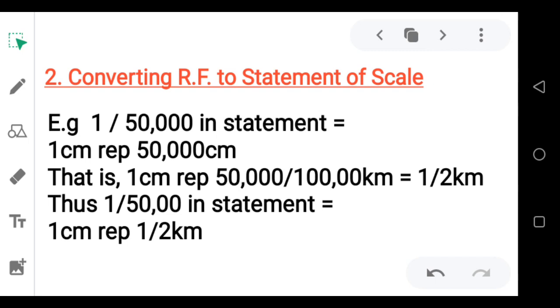Thus, 1 over 50,000 in RF, if you have to change it to statement, becomes 1 centimeter represents half kilometer. I'm sure you know how we got the half. 50,000 is half of 100,000. This is very simple.